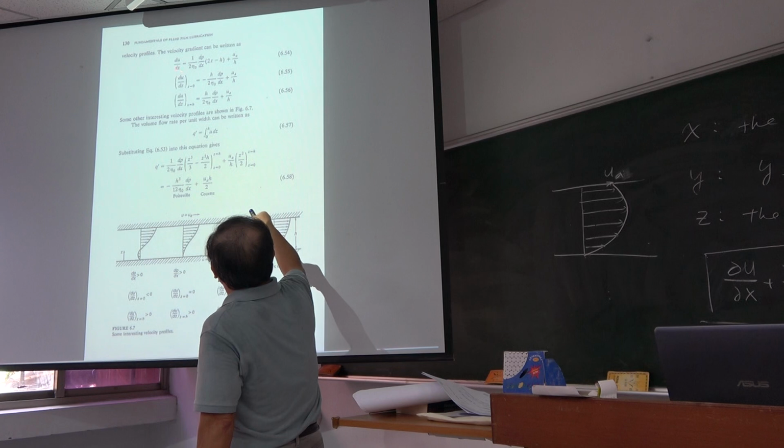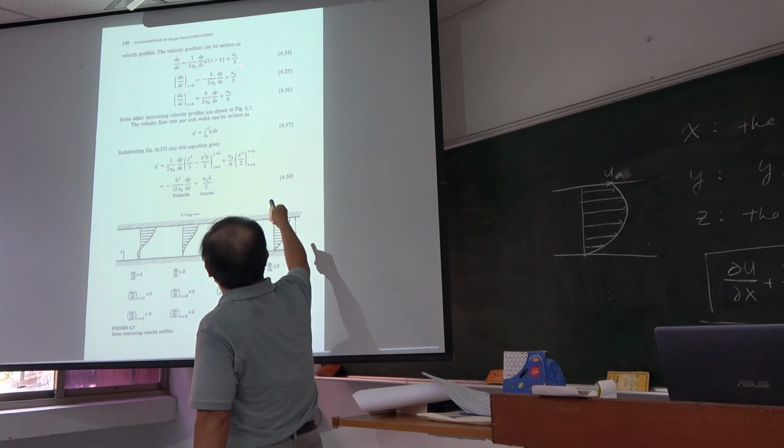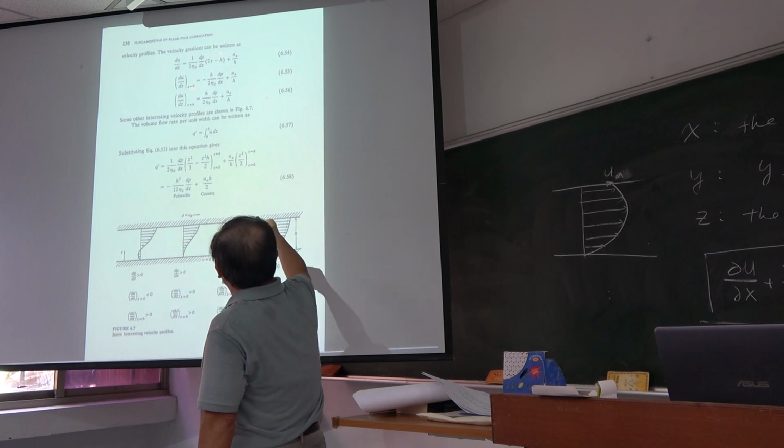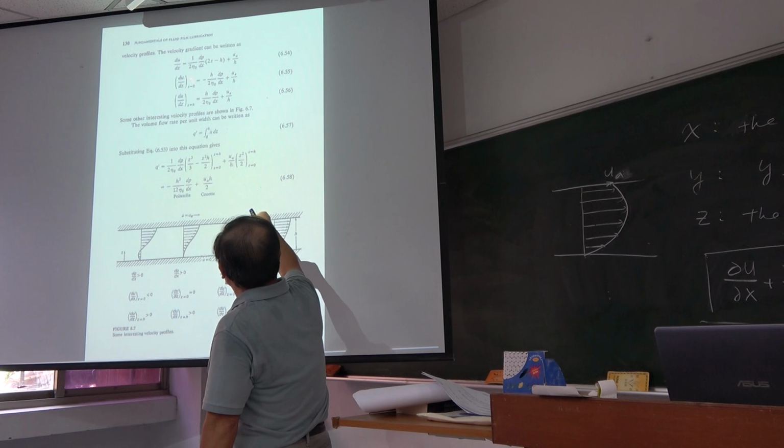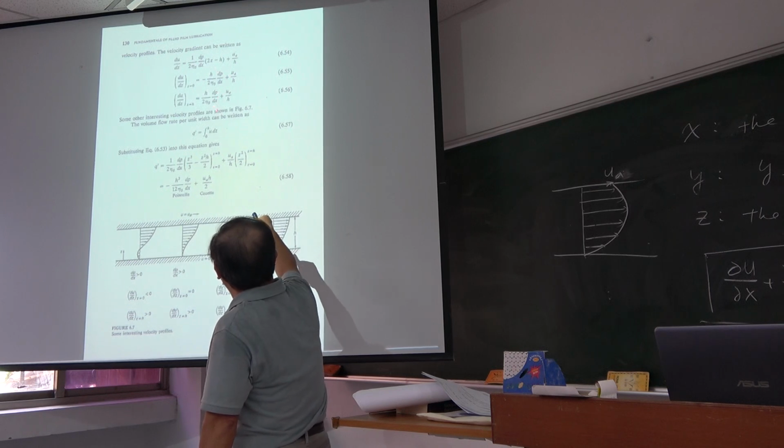When we have the velocity, we can determine everything. Here, du/dz, we have obtained from u. Then the shear strain rate at the lower surface and at the upper surface can be evaluated using this equation: let z equal to 0 to obtain the shear strain rate at the lower surface, and likewise at the upper surface.